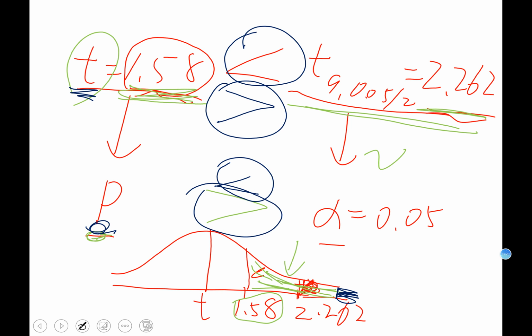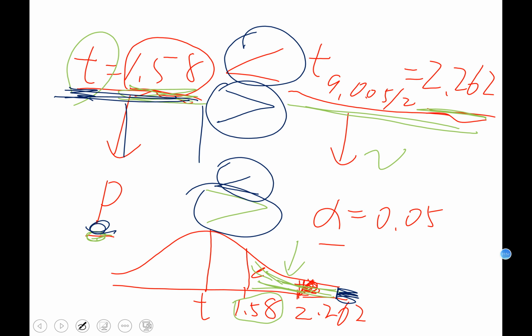Okay, here is another thing you need to notice. Because all the t-values listed in our textbook are positive numbers, if you get a negative number for the t-value after the calculation, you need to change it into its absolute value.